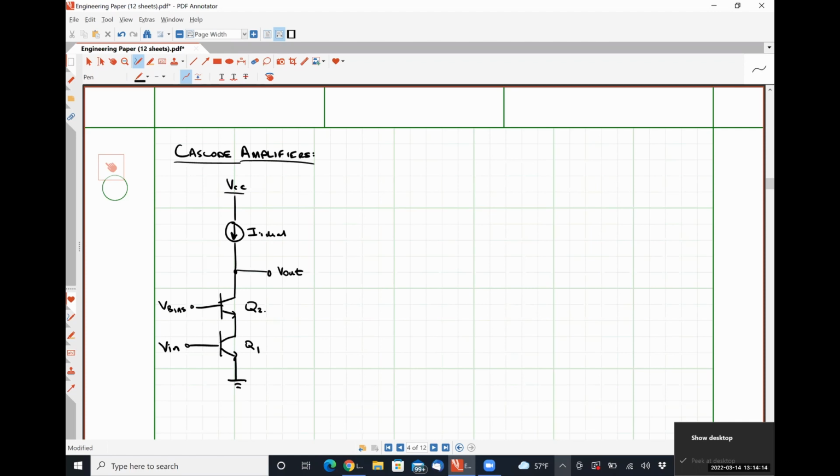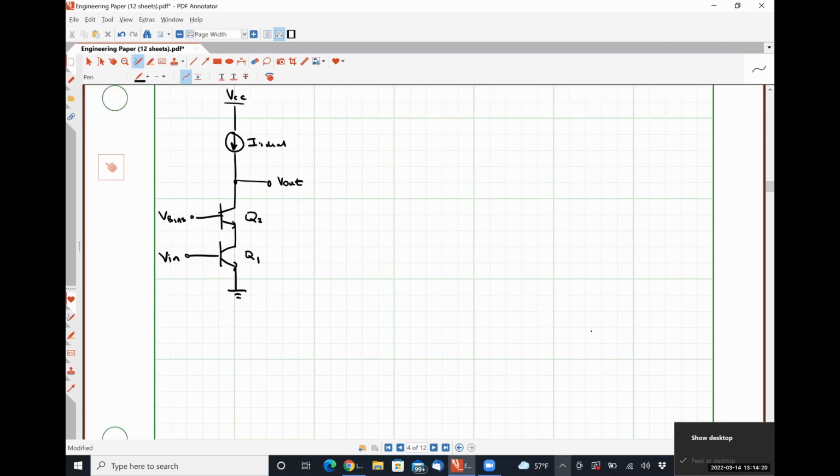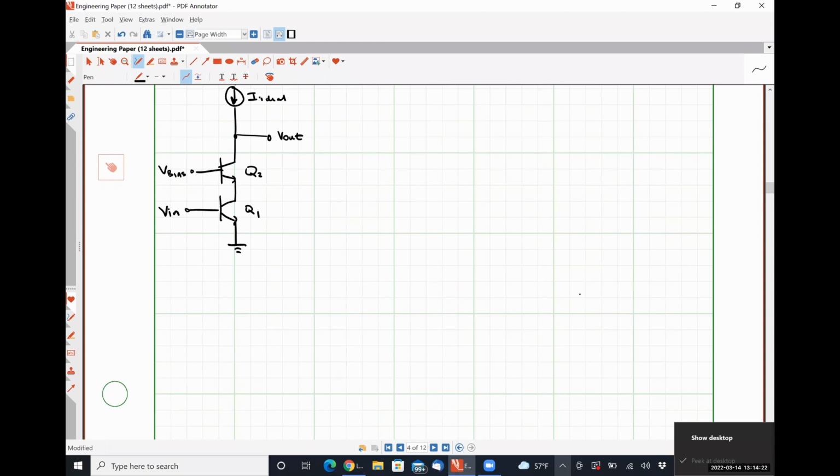So what we are going to do is develop a more generic means by which to determine the gain of any amplifier circuit, okay? And that involves the concept of what's called short circuit transconductance.